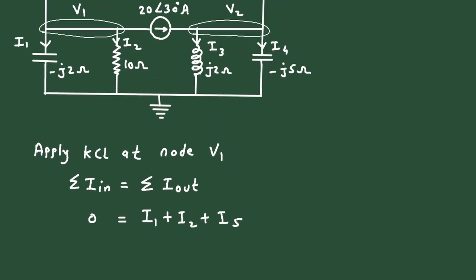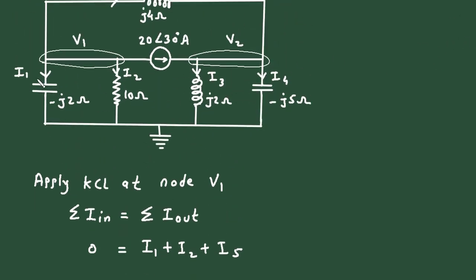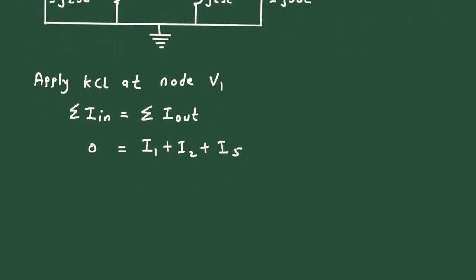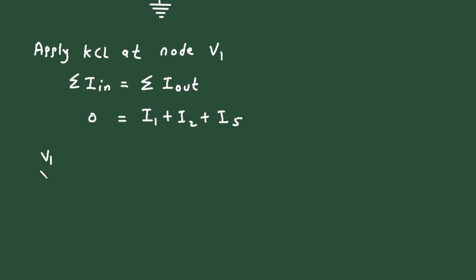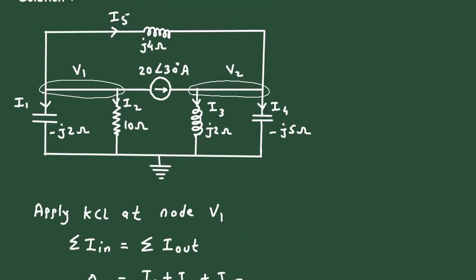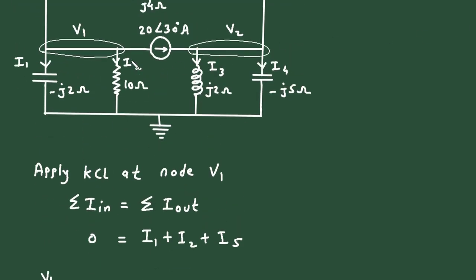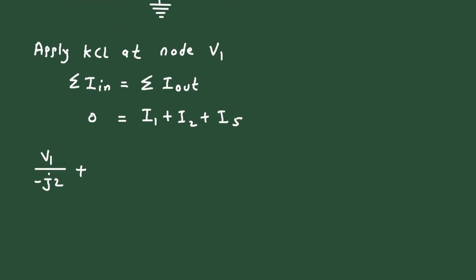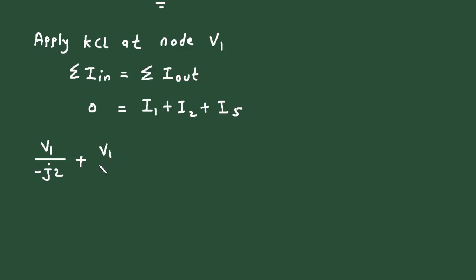Now let's write I1, I2 and I5 in voltage form. So I1 is equal to V1 minus 0 divided by minus J2, then plus I2, which is V1 minus 0 divided by 10, then plus I5.